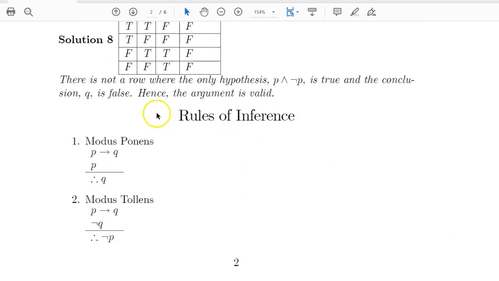Rules of inference are short valid arguments.